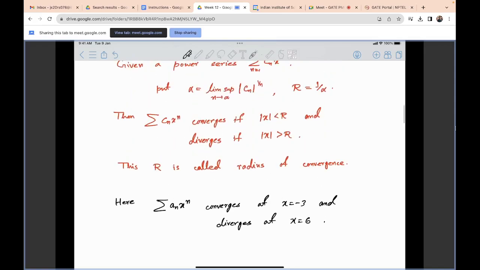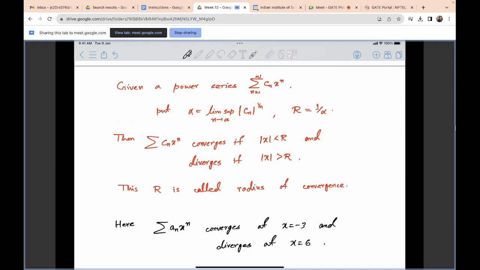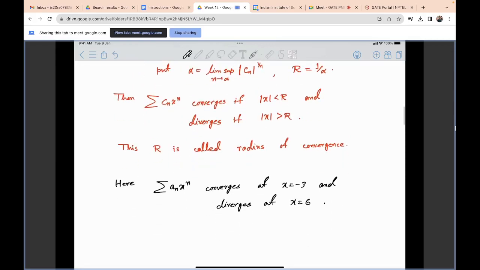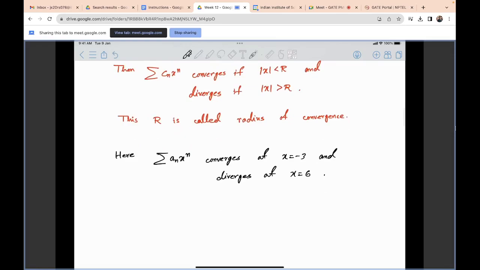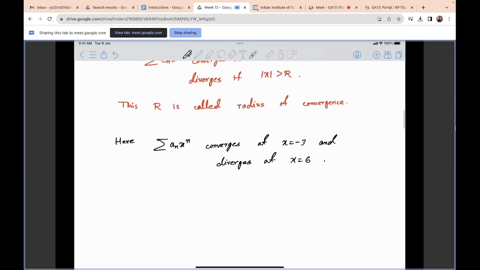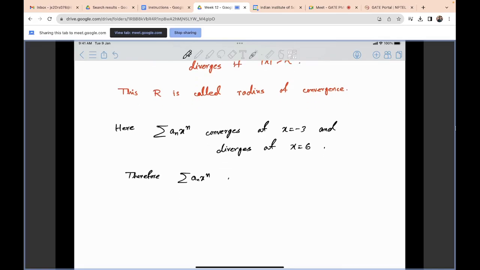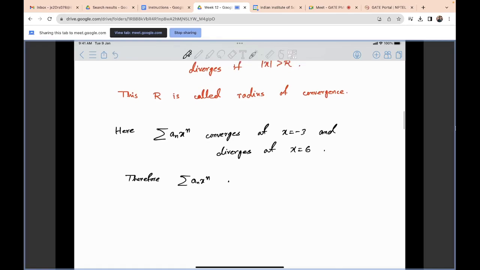So note that here it converges for mod x less than r. So if it is converged at x equals to -3, because mod x here is 3, it will also converge for x equals to 3. So therefore this series will also converge at 3.